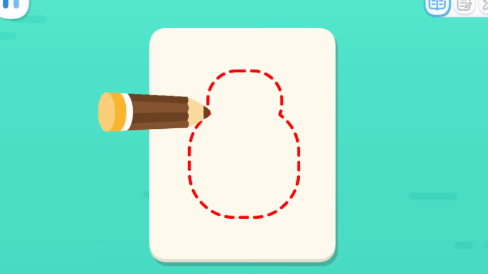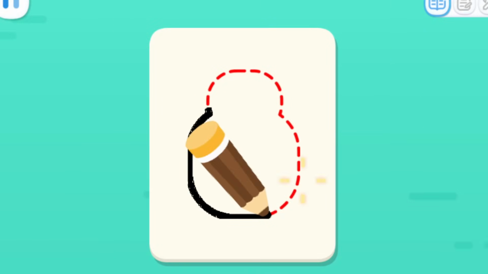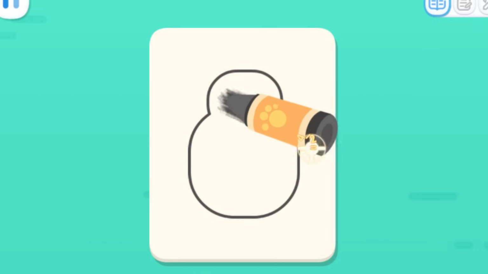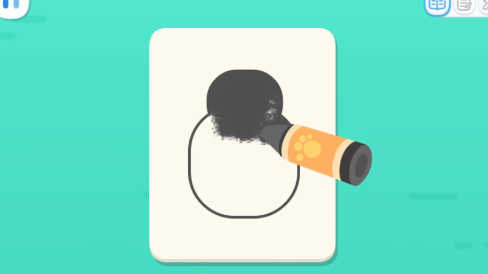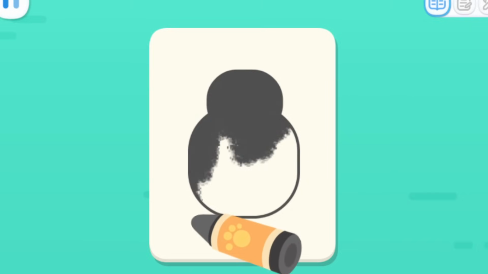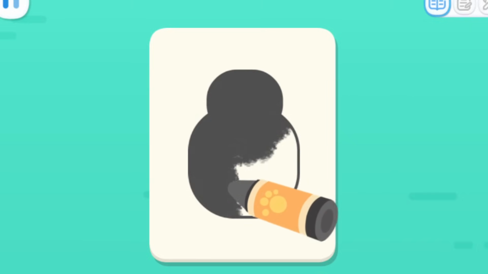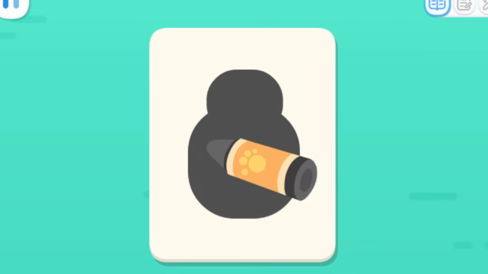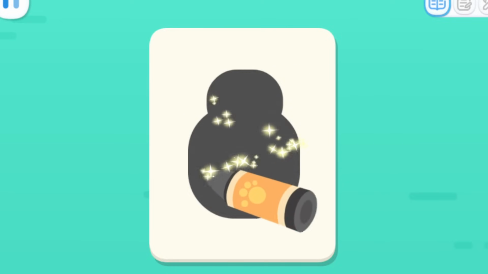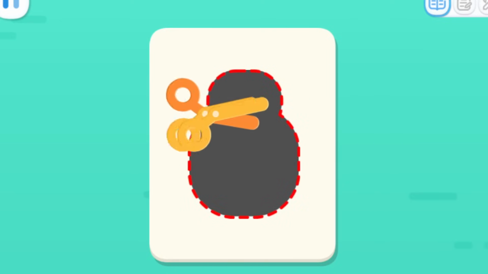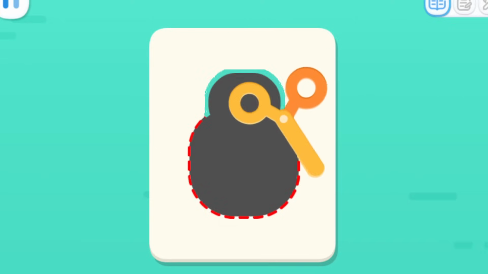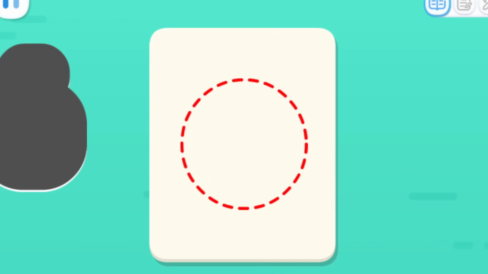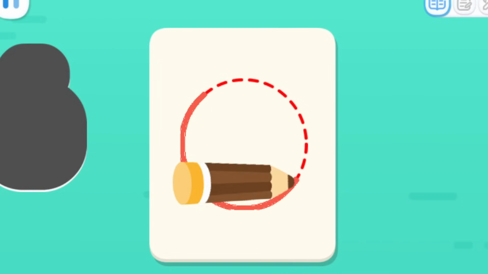Let's start by making the round and chubby body of the ladybug. Next, let's make the red shells.